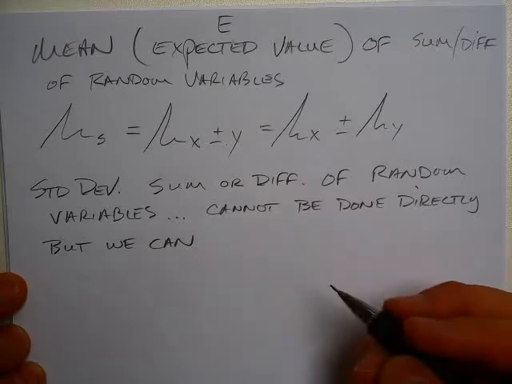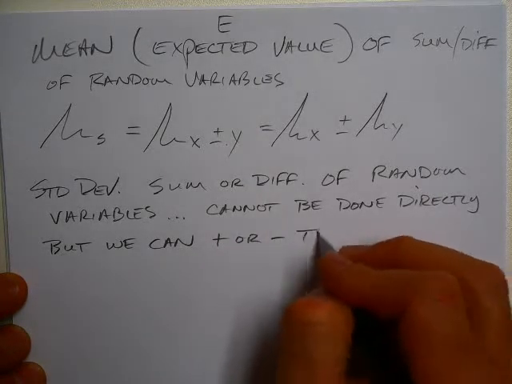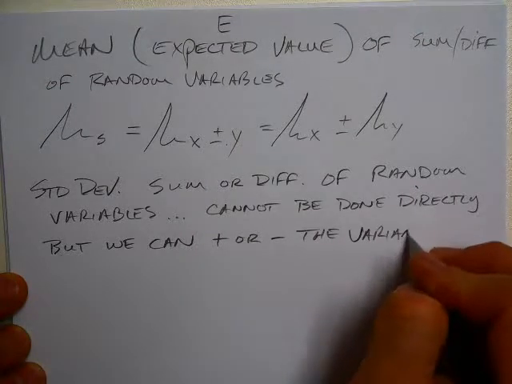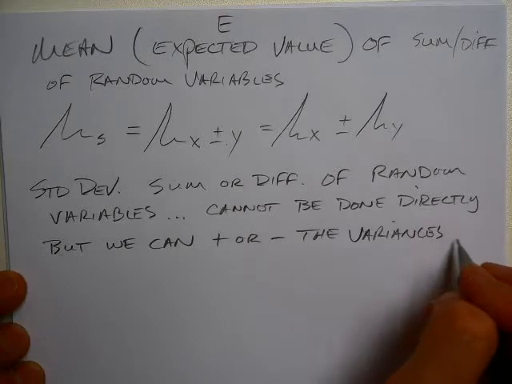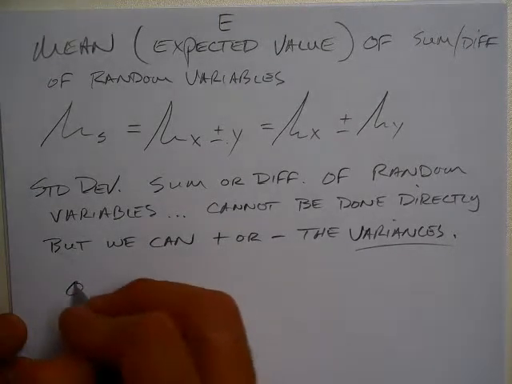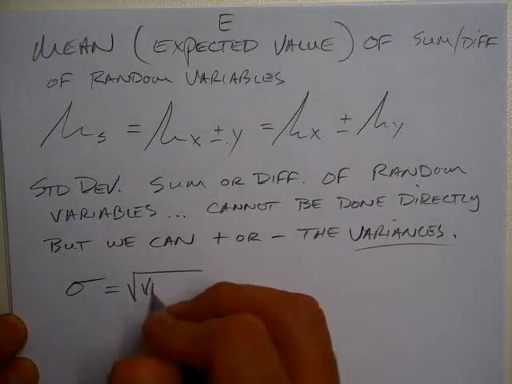But we can add or subtract the variances. Now, variance is something that's important, but not something we run across all that much. When we're finding standard deviation, it's actually the square root of variance. So sigma equals the square root of variance.